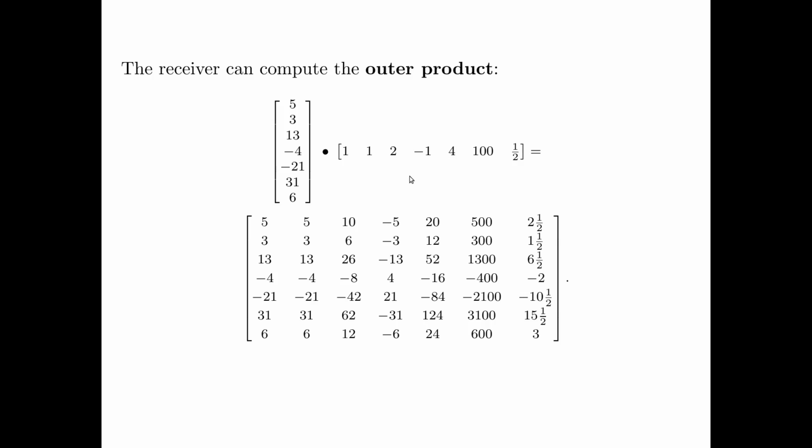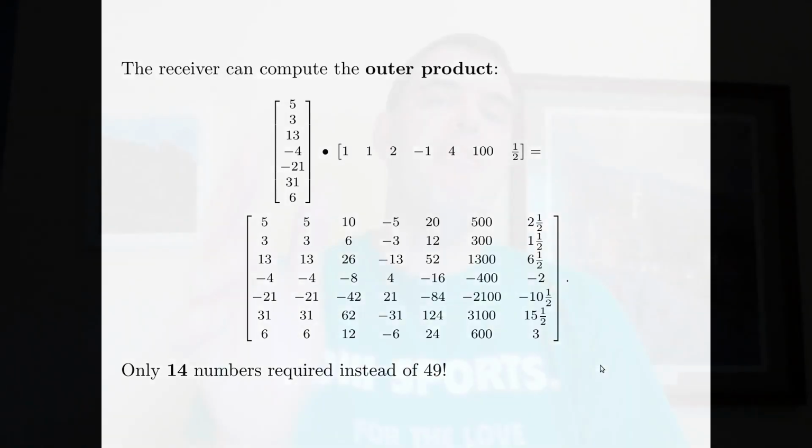So the way I think about it is, if you only take 14 different numbers and you put them into an outer product, you're going to generate a lot of fluff. This whole thing is sort of like a big marshmallow that's just ready to be compressed, because it was assembled from these 2 smaller components in a regular way, okay? And so again, you're only going to need 14 numbers instead of 49, actually 13 if you're smart. Now, you might think 14 numbers instead of 49, is that really that big a deal?